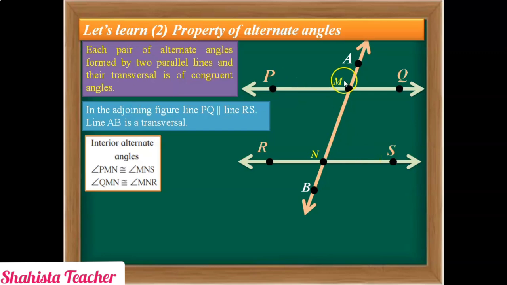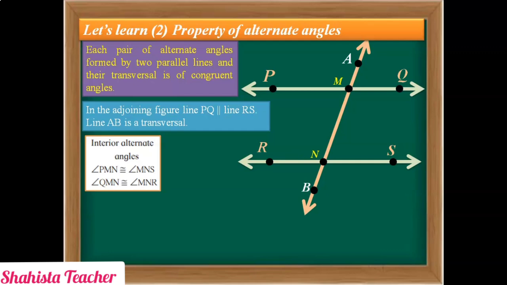The shape is a Z shape. Opposite side, opposite direction. Same like here, angle QMN is congruent with angle MNR. These are known as interior alternate angles.